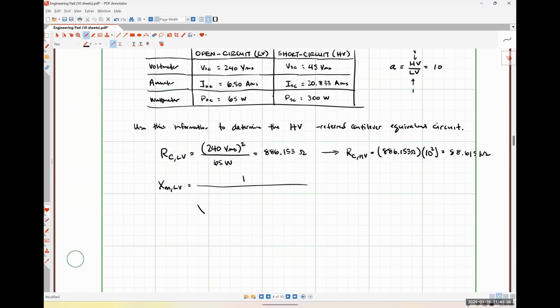So we're going to have the square root of current, 6.5 amps, over our voltage, 240, square that guy, minus 1 over 886.153 ohms, all of that squared, underneath the square root sign.